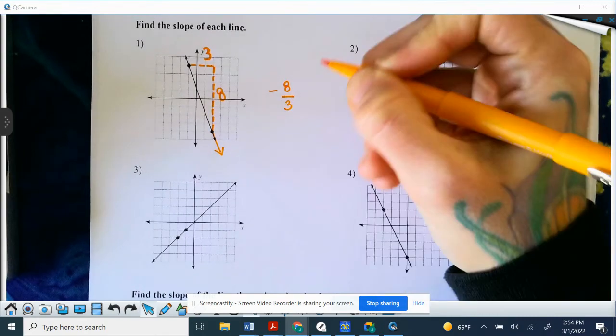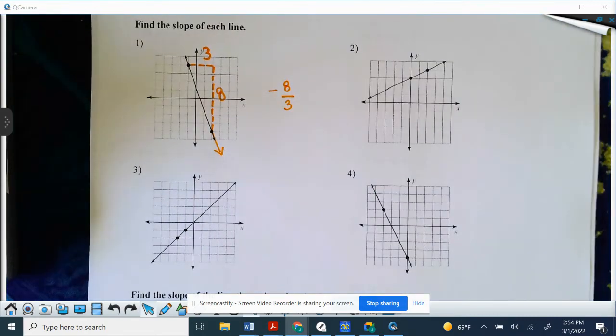If you can reduce that fraction, you definitely want to reduce it, but you do not need to put it as a decimal. A decimal is going to do very little for you when it comes to graphing, because the rise and the run is what you need to be able to graph the line. The decimal only comes into play because we hate fractions.